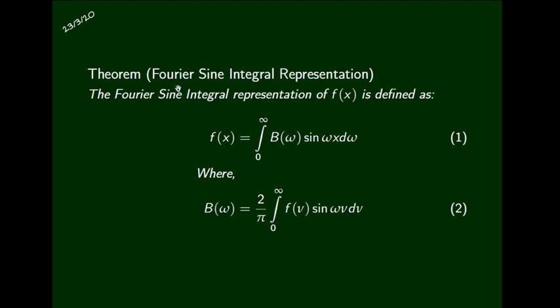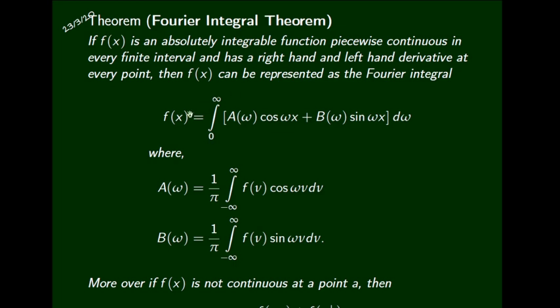Next is Fourier sine integral representation. In the previous slide we have seen that this f of x is written like this. It contains both cosine and sine. Suppose this function f of x is even. If f of x is even, then f of nu into cos omega nu is an even function. So integral minus infinity to infinity of an even function becomes 2 by pi integral 0 to infinity f of nu cos omega nu d nu.